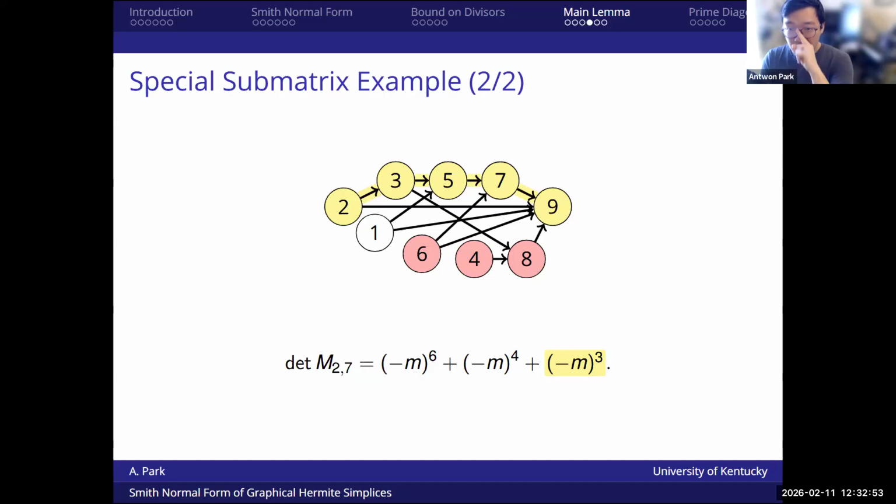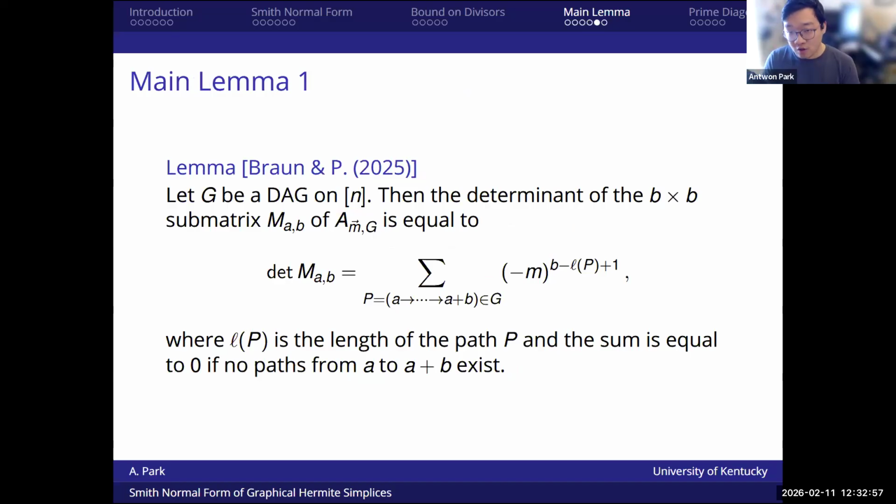And so this, again, is not a coincidence. This is going to be true for all DAGs. So let G be a DAG, then the determinant of the B by B submatrix M sub A comma B of our graphical Hermite simplex is equal to the sum over all possible paths from A to A plus B. And on each of those paths, you're going to do negative m raised to the b minus length of the path plus 1.